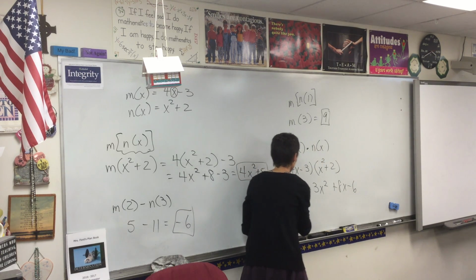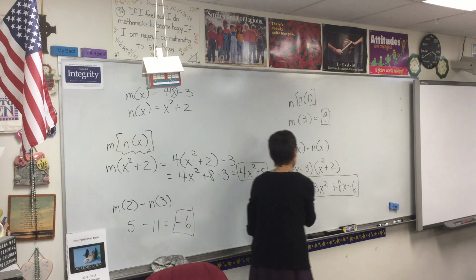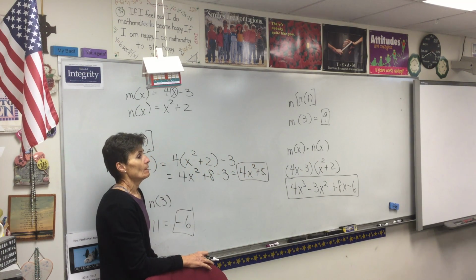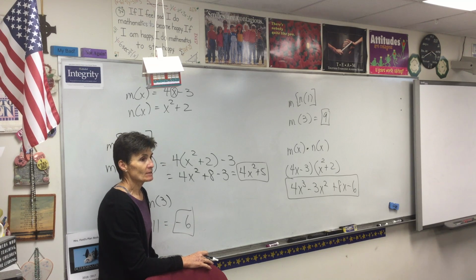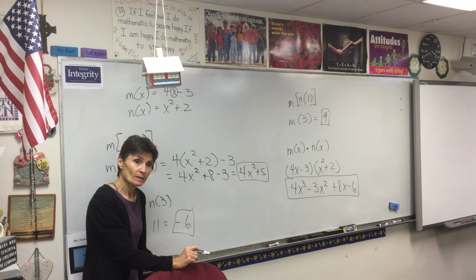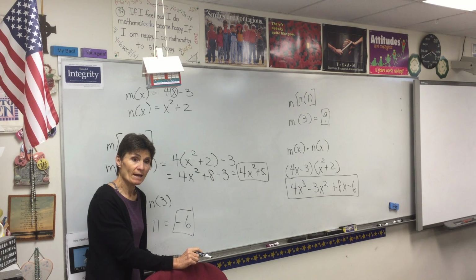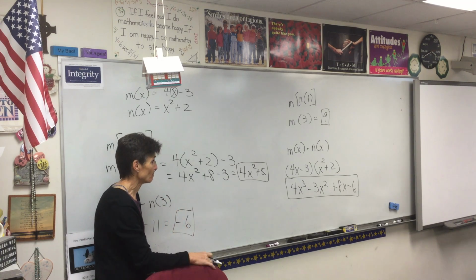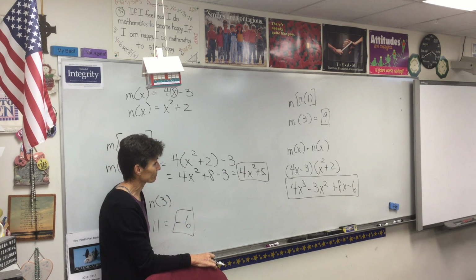Now, when I foiled it, it didn't come out in descending order. When you write your final answer, make sure that it's in descending order, okay? If you foil this, F-O-I-L, it won't come out in descending order, which is fine. Just rearrange things and put it in descending order.